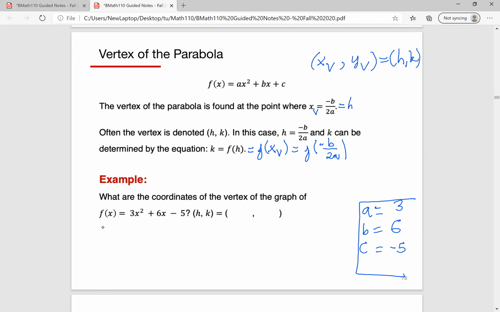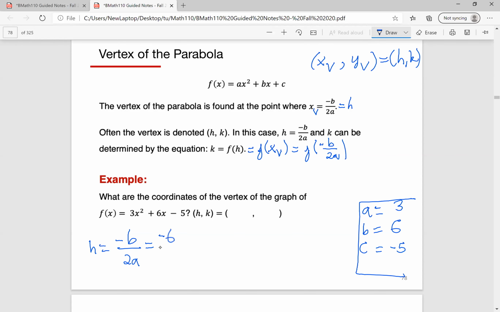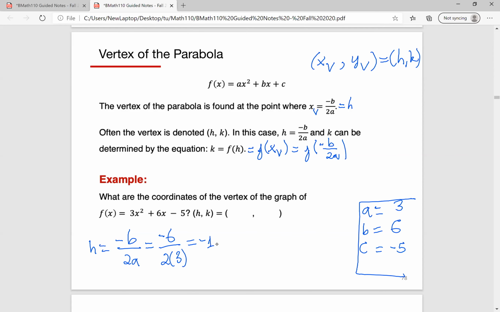And I should have h equal to negative b over 2a. What is that going to be? Negative b will be negative 6 over 2 times 3, right? So this will be equal to negative 1. So I have h equal to negative 1.